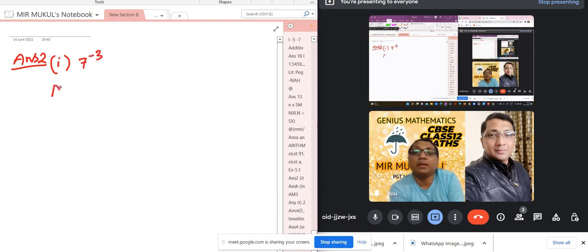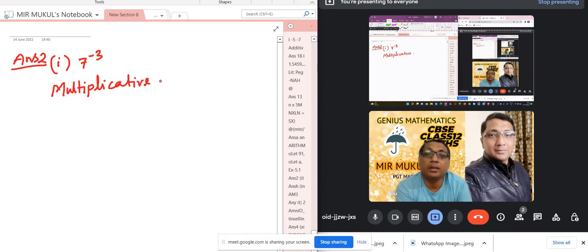We have to write the multiplicative inverse. Multiplicative inverse we already did in chapter 1. So what did we get? We have to take its reciprocal.